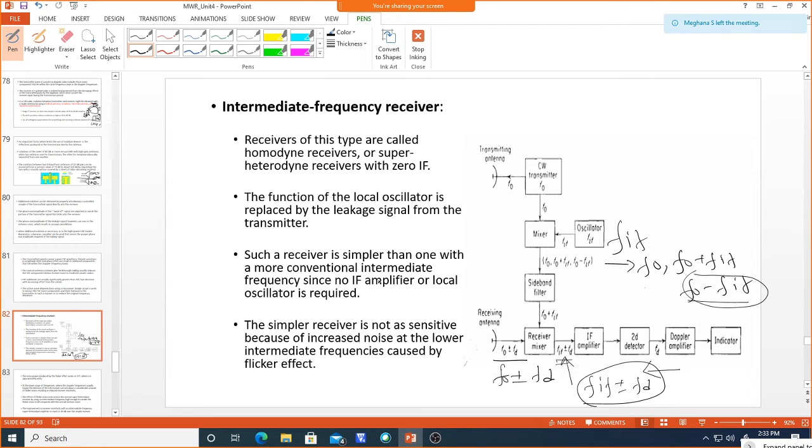Now this will be very simple compared to the conventional radars we have seen. Since no IF amplifier or local oscillator is required, unlike in the conventional radars, the intermediate frequency receiver has an IF frequency and IF amplifier.